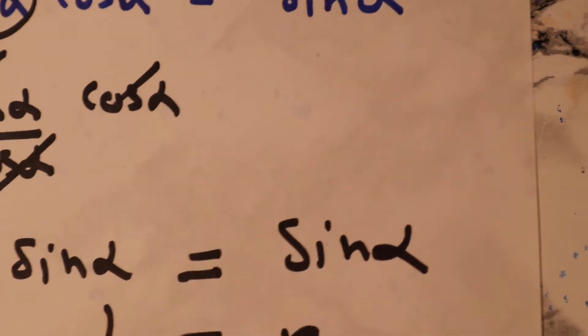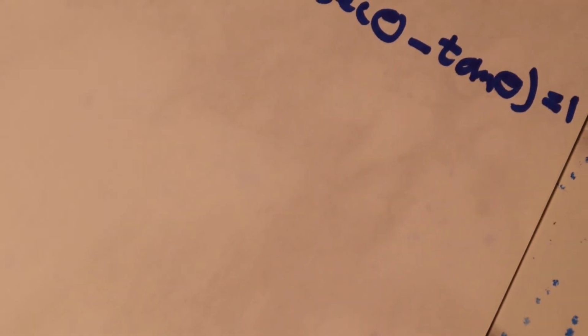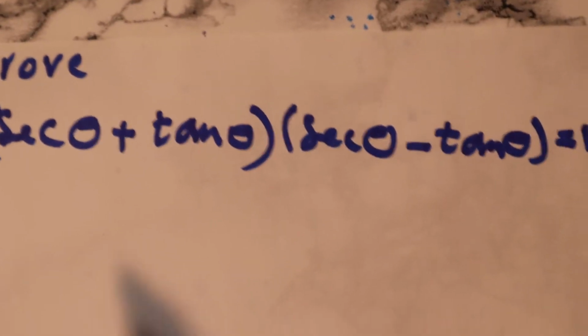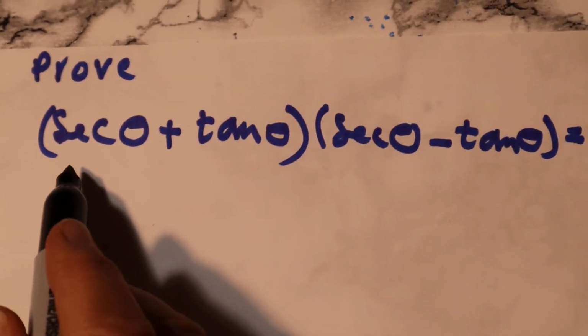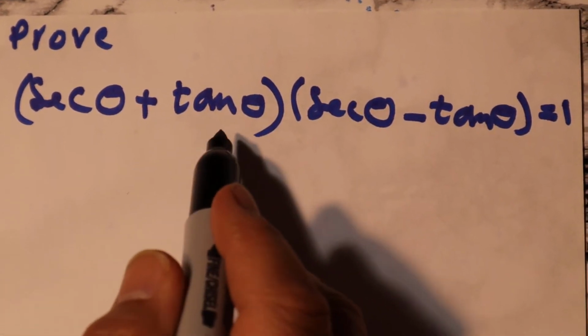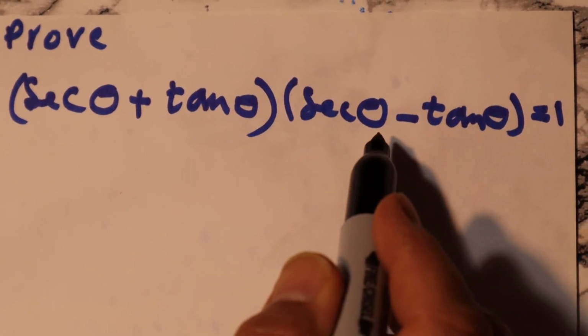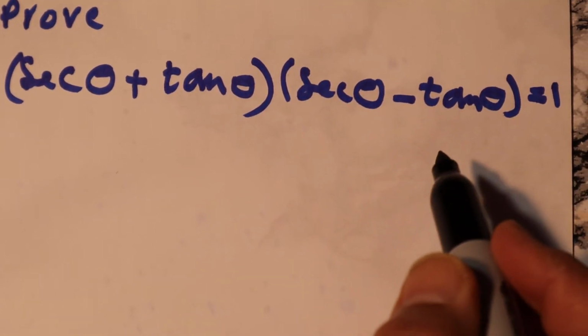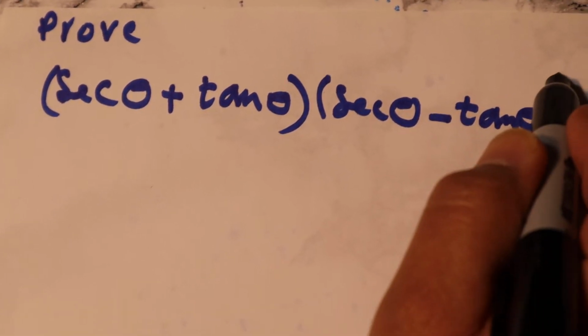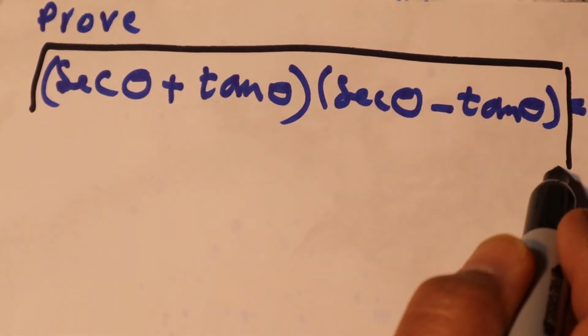And the second question that we're supposed to have is prove that secant theta plus tangent theta times secant theta minus tangent theta equals 1. Your technique here, you have two quantities multiplied equals 1.